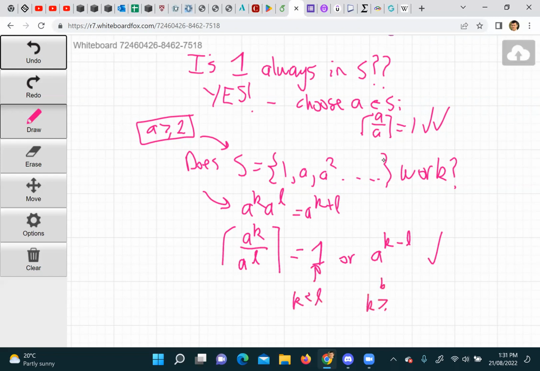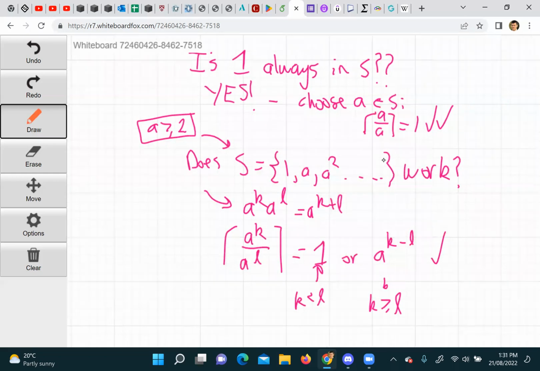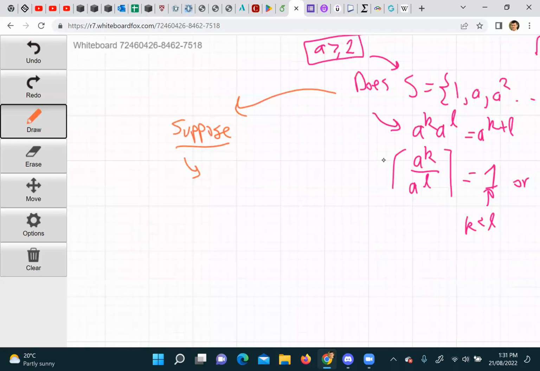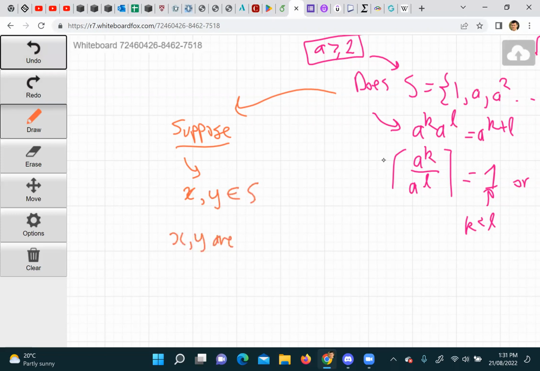So now the part everyone is waiting for. It's theory that only Yasuru knows. Suppose that x and y are in S, and where x and y are not powers of each other.